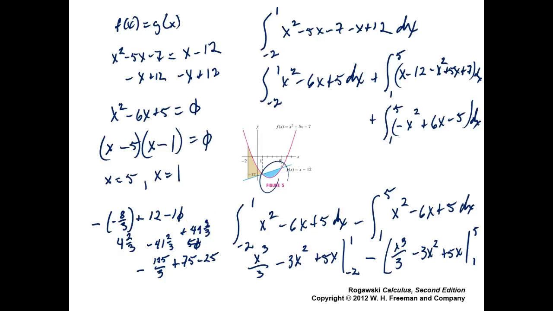Added it together. What did that give you?